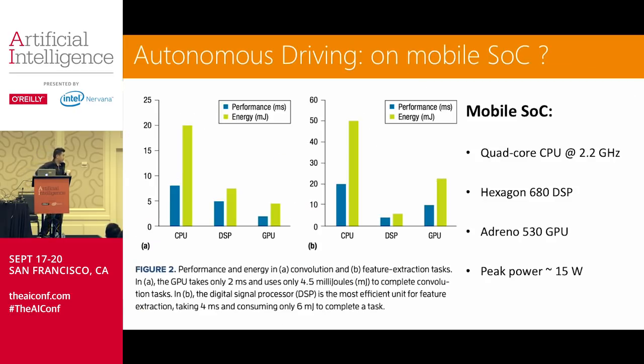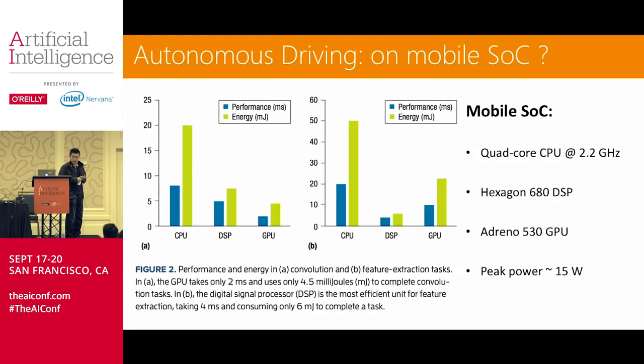Second part, we did a very interesting experiment more than 1 year ago. The question we asked ourselves is, if I had a computer vision-based autonomous driving workload, and I put this onto a mobile device, say my cell phone that's running on Qualcomm chips, how well would this work? So the first step is to understand what's on this cell phone.